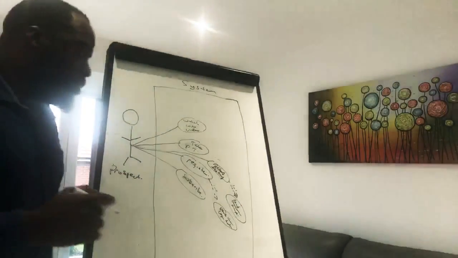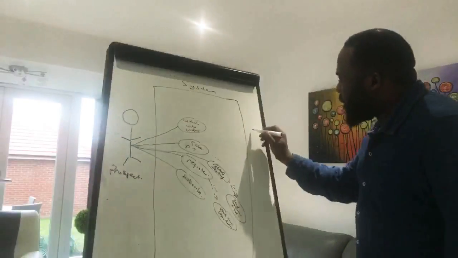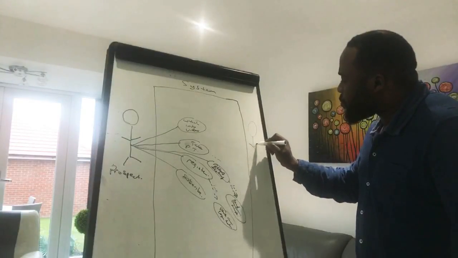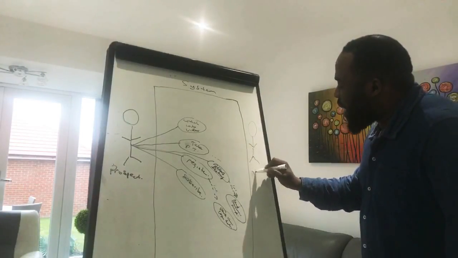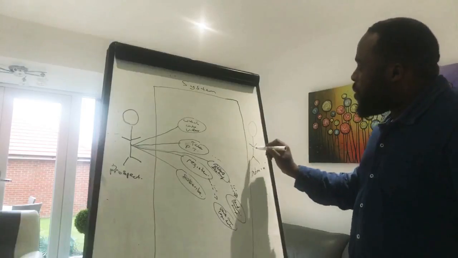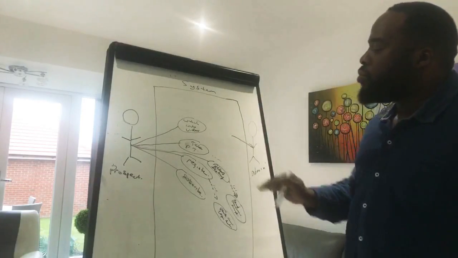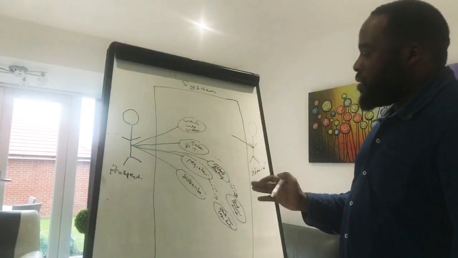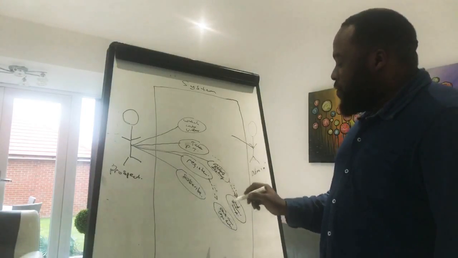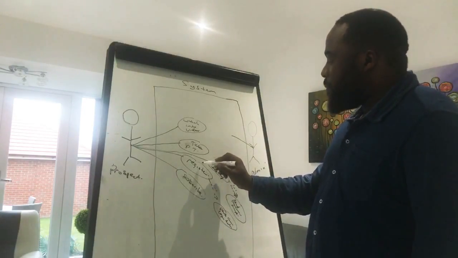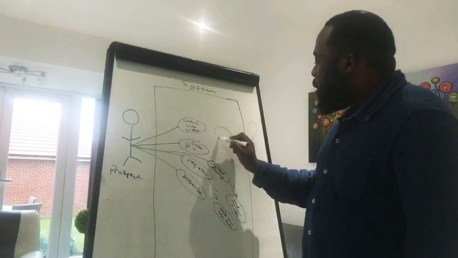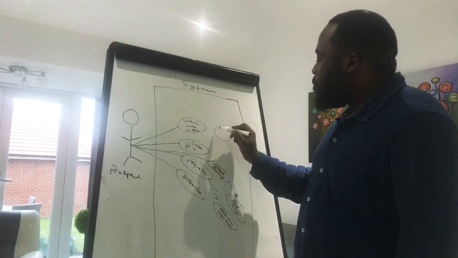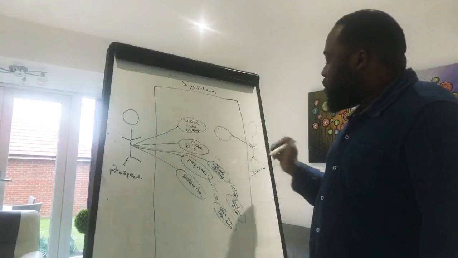Now I'm just going to go back to the other side because I want to bring in the other actor, which is admin here. Now this actor admin, what is he able to do in relation to the prospect? Well, if a prospect registers, then one thing should happen. What does admin do?